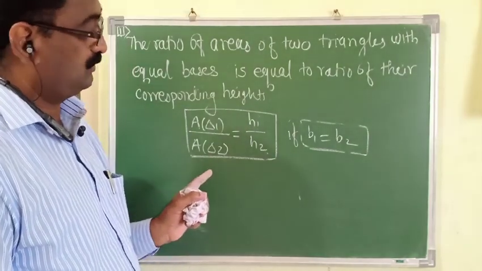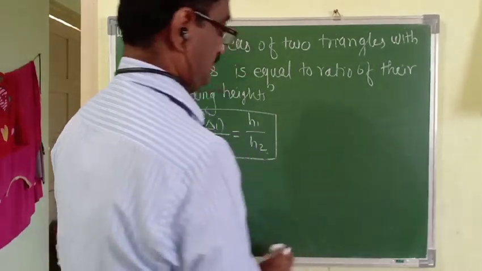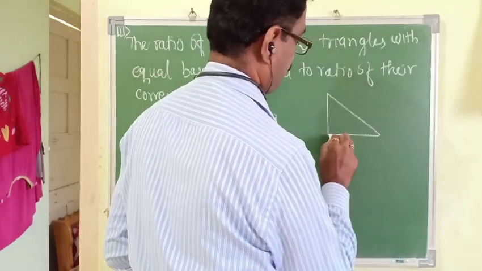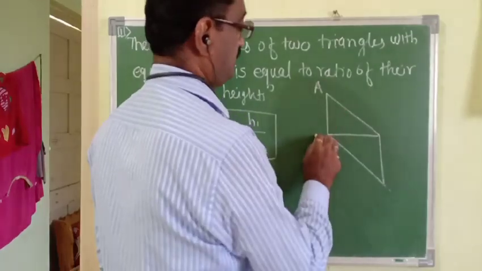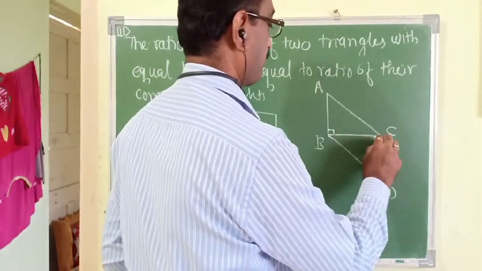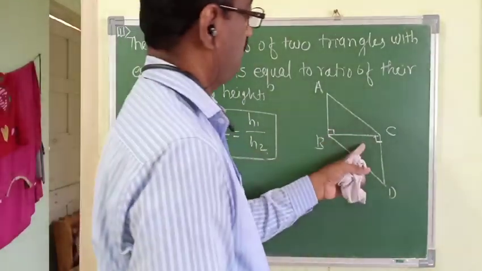Okay. So everybody got this? And now see this figure. I have this figure. In this figure, how many triangles are there? There are two triangles.